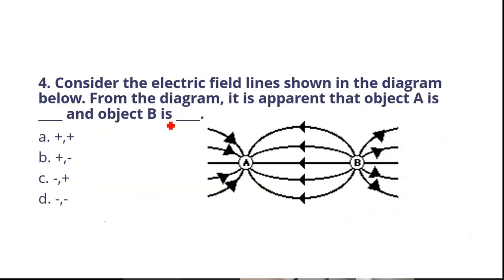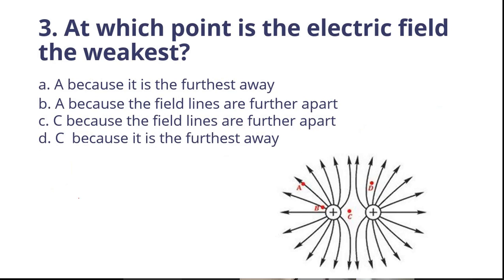Next, number 4. What is the answer for number 4? The field goes away from B, so we can conclude B is positive, and toward A is negative. So C is the correct one. Number 3, at which point is the electric field the weakest?